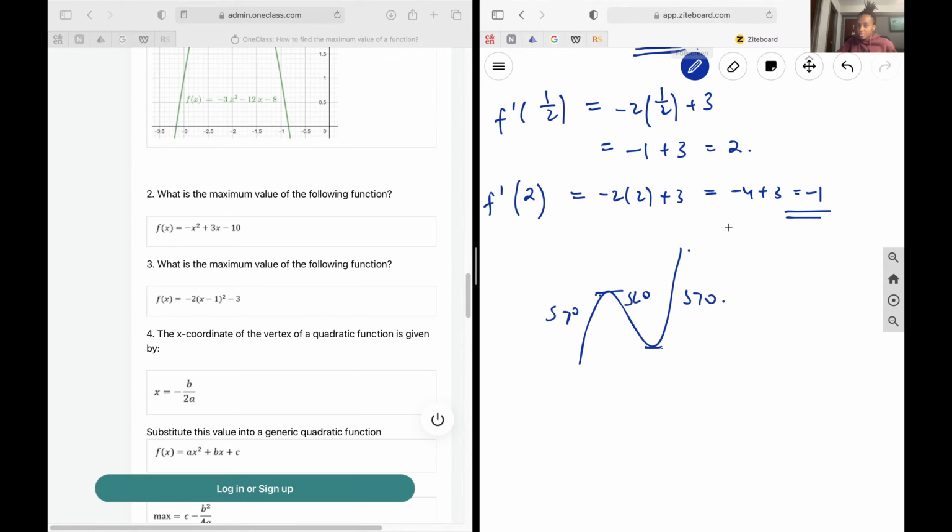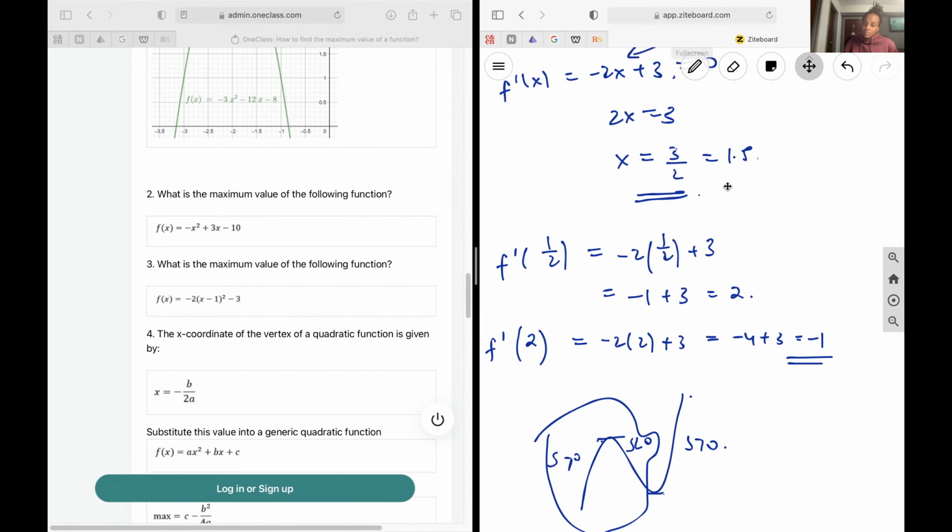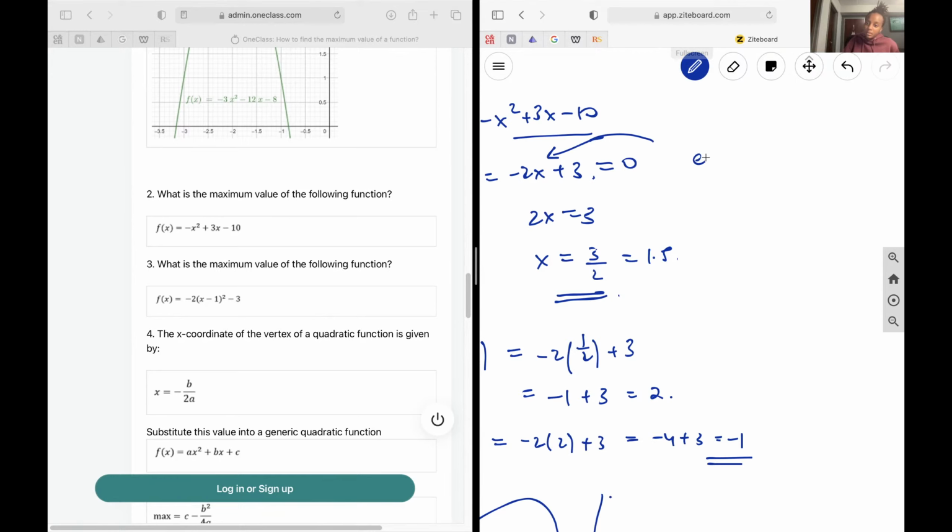Now let's check the behavior of my function. Before it is greater than 0 and after it is less than 0. So that tells me that it's going to look like this, and I can classify the extrema that I have found at 3 over 2 as a maxima. And that's going to be it for this question.